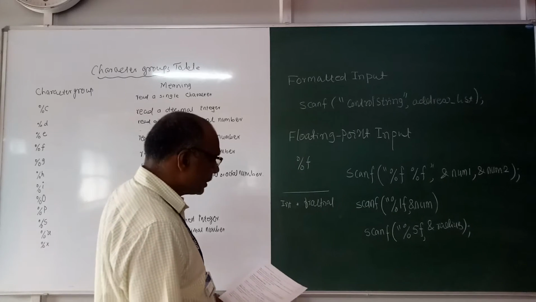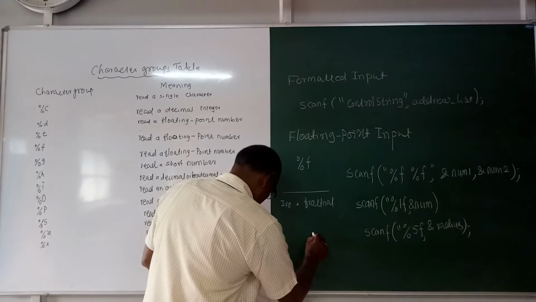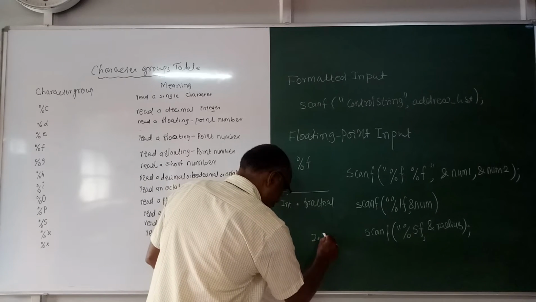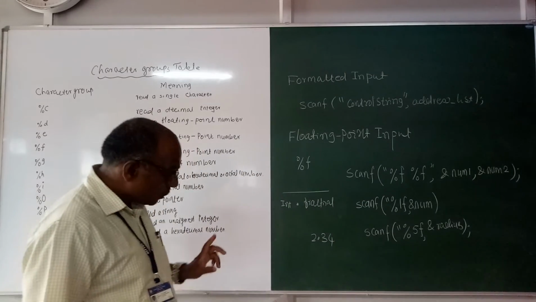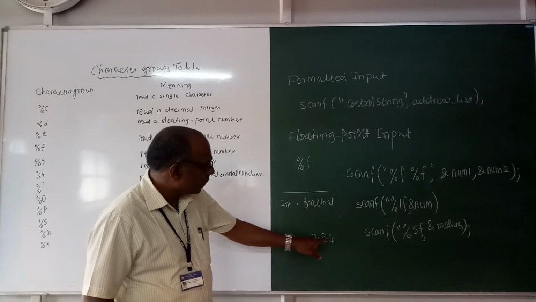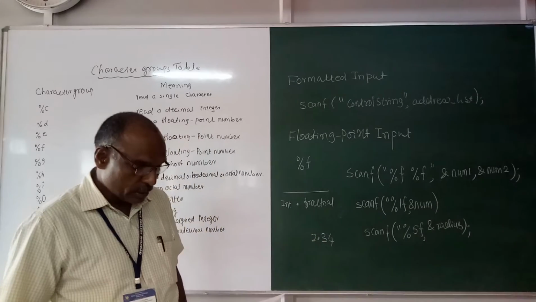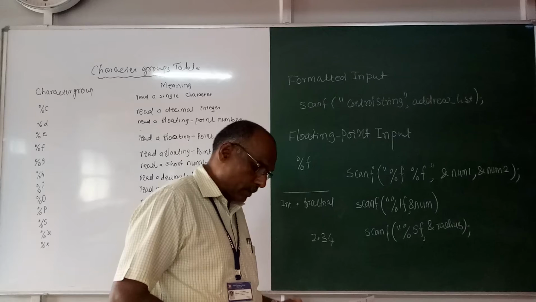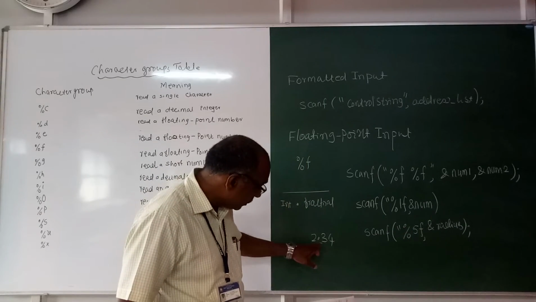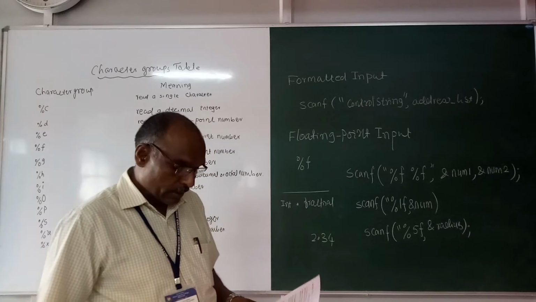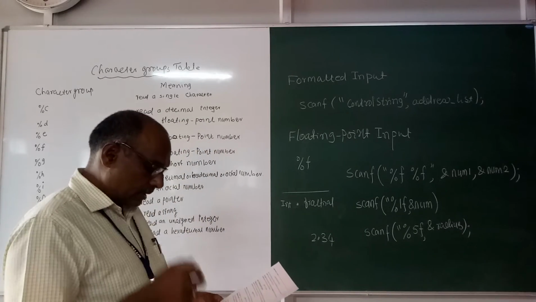Okay, so here if I enter this number, say 2.34 as a radius, there are only 4 characters, see, 1, 2, 3 and 4. In this case, what happens? We have given here 5 and we are fitting only 4 characters. So what happens to this?